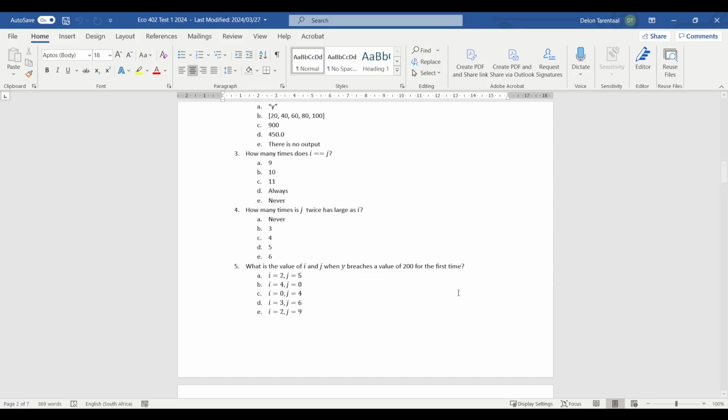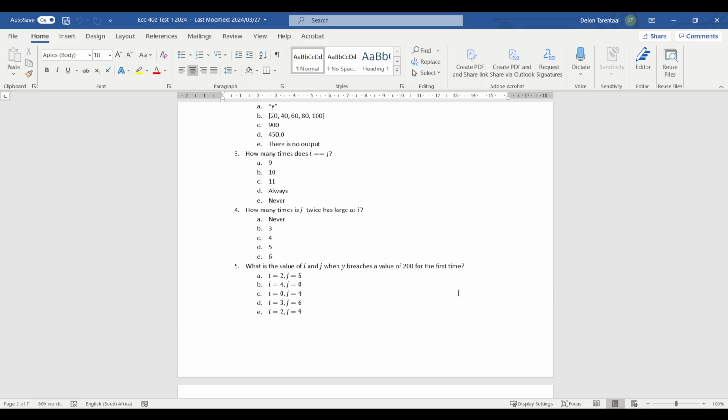Okay. Now for question 5. What is the value of I and j when y reaches a value of 200 for the first time? Okay, think of how you would approach this question.